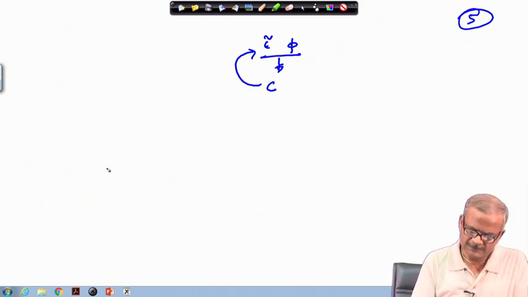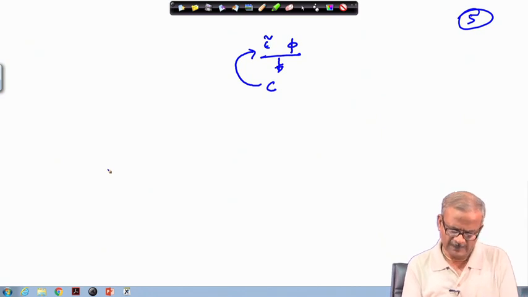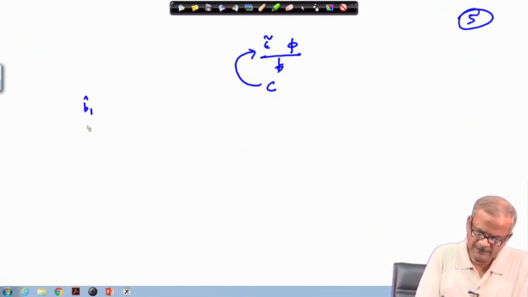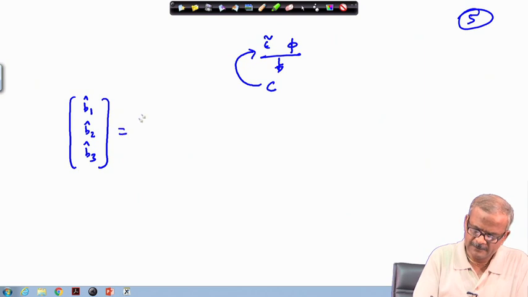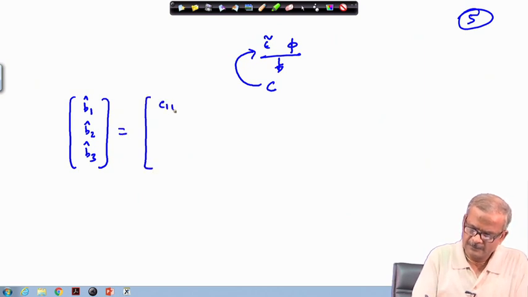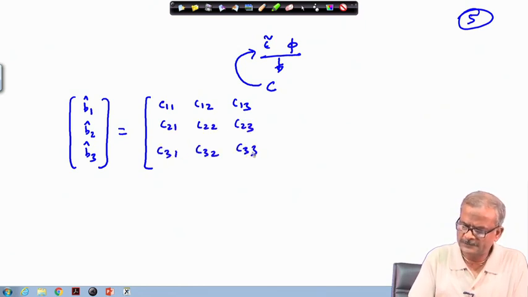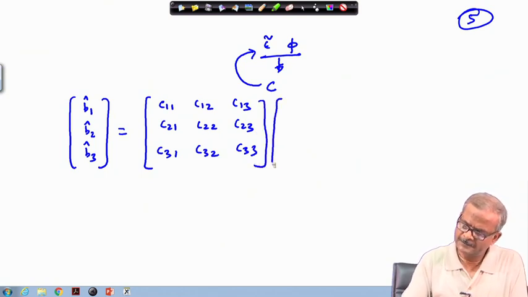A few of the things which may be useful while working, I will list here. Say the B 1 cap, B 3 cap, this is a basis vector, with C 1 2 and C 3 2, C 3 3, and we are getting this from this vectrix.